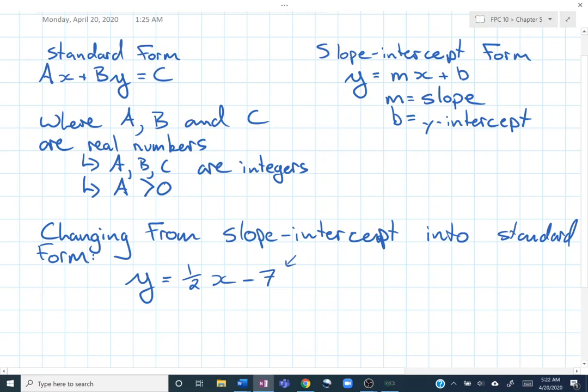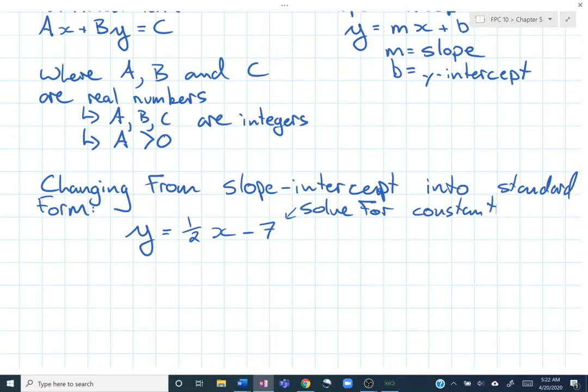That's going to be our step number 1. We're going to solve for the constant. So in order to get 7, or in this case, negative 7, all by itself, I'm going to want to move that 1/2 x. Since it's a positive 1/2 x, I can subtract 1/2 x from both sides.